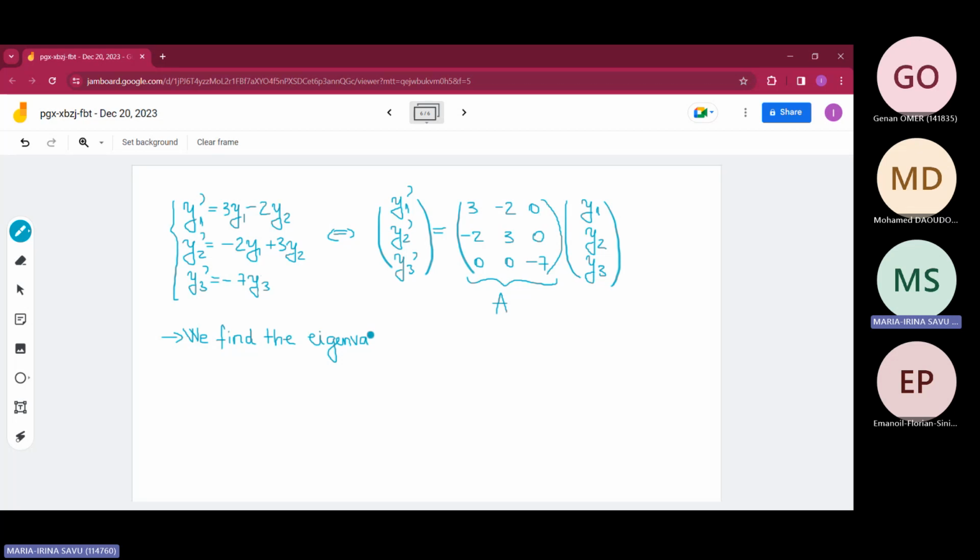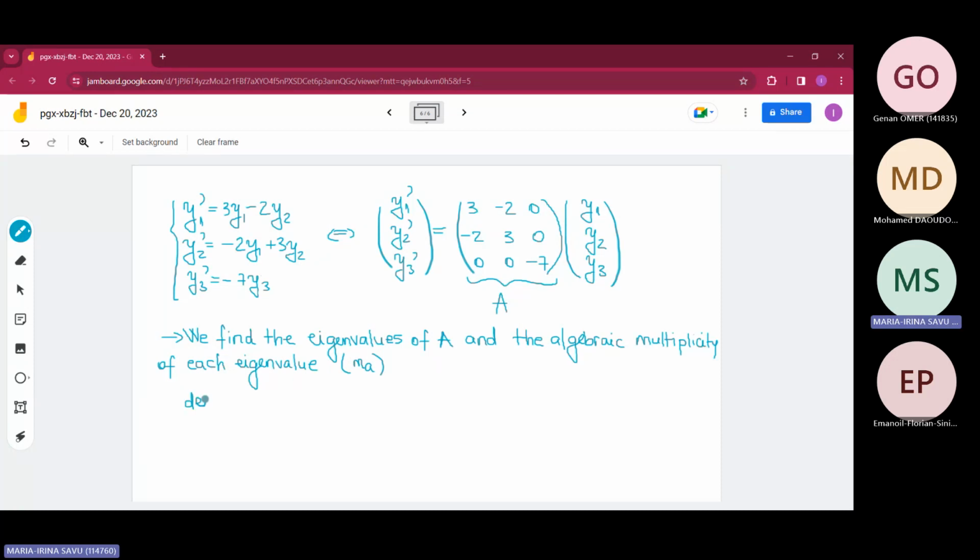The eigenvalues of A and the algebraic multiplicity of each eigenvalue, denoted by ma.